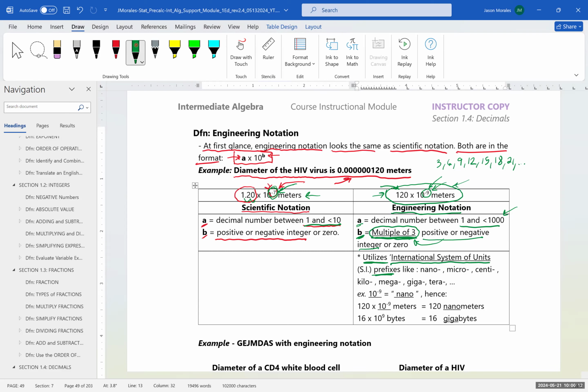Prefixes are little additions to the units of what you're looking at. Some of those little additions that come before the units are words like nano, micro, centi, kilo, mega, giga, and tera.